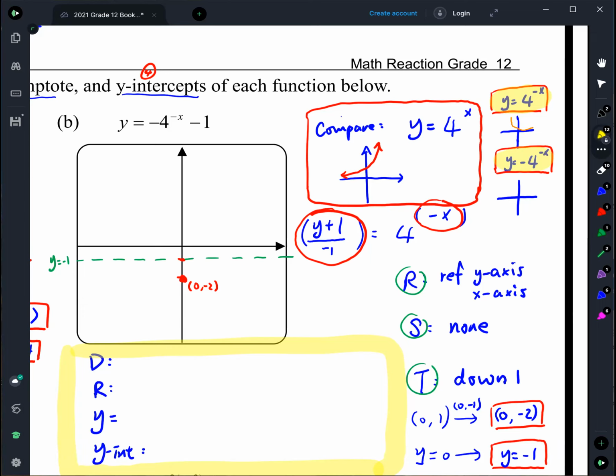So what does it look like then? That's right. And then there's no stretching, so we're going to move the same graph down by 1. Then that will be the final graph we want to draw. Can you put it into the big box now, the final product? And it has to go through that special point, 0, -2.